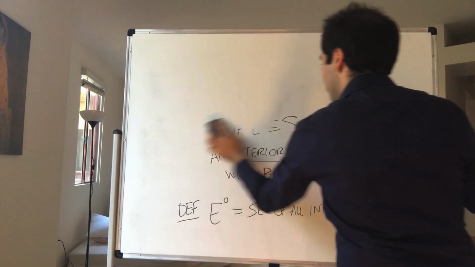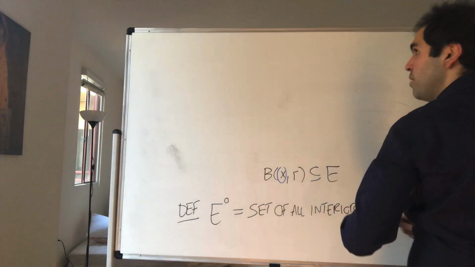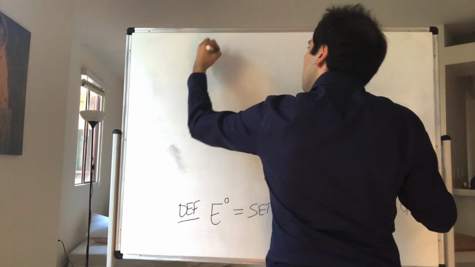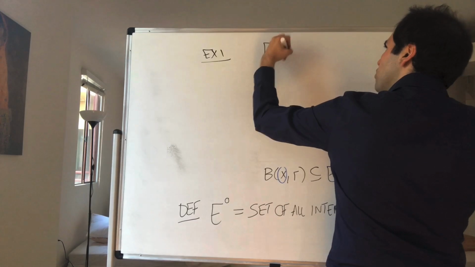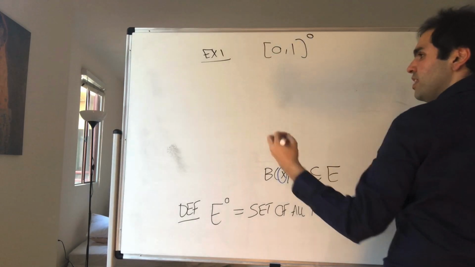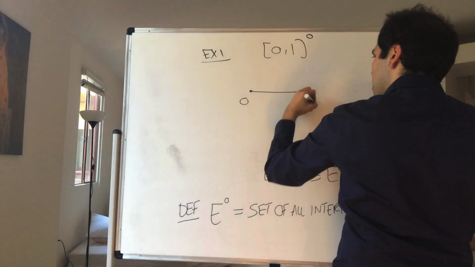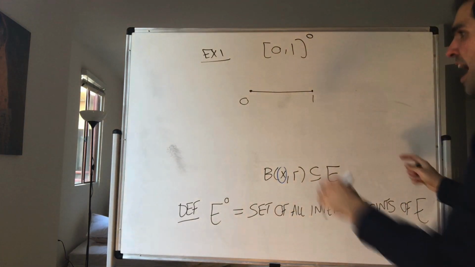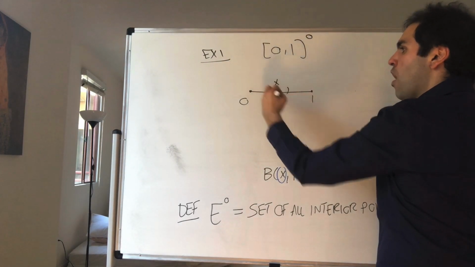So for instance, let me just show you a couple of examples. If you take the closed interval [0, 1], well, let's ask what the interior points are. Well, look, anything strictly inside [0, 1], you can fit a little ball.